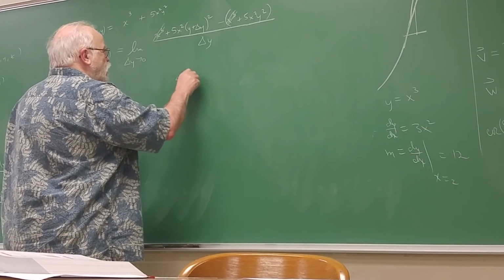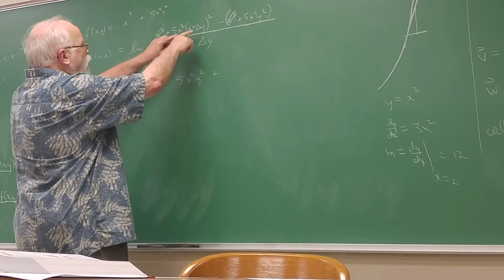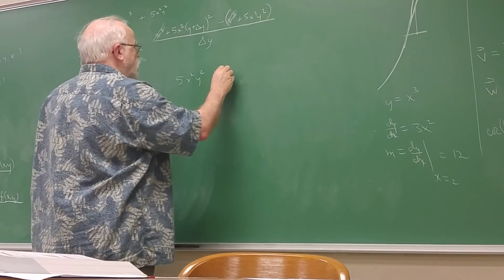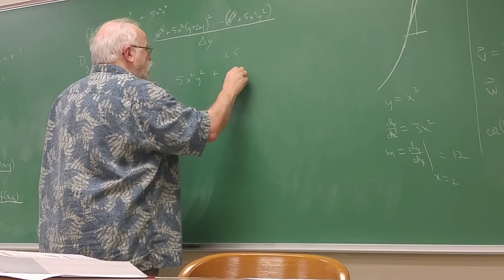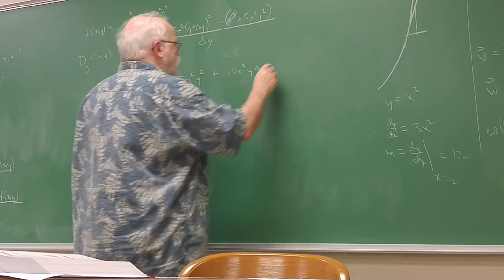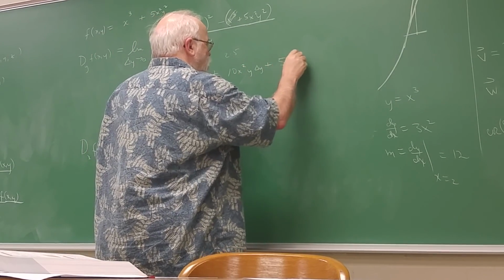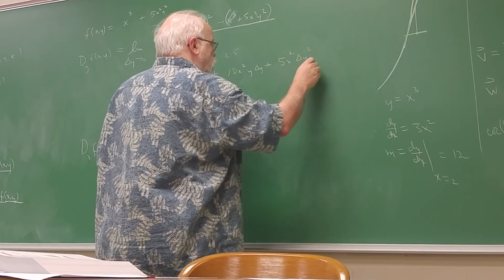So 5x squared y squared. I'm going to skip a step here. We're going to get 2y delta y times the 5x squared. So 2 times 5, we're going to get a 10 x squared y delta y. We're going to have a 5x squared delta y squared.